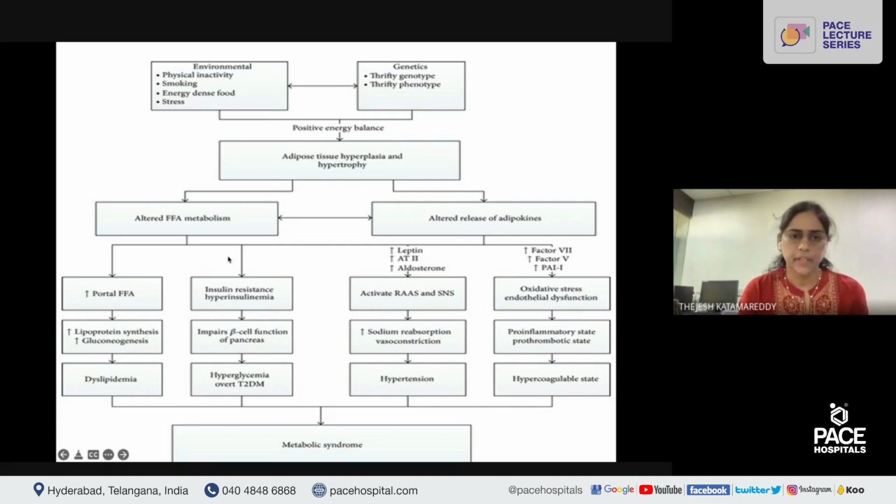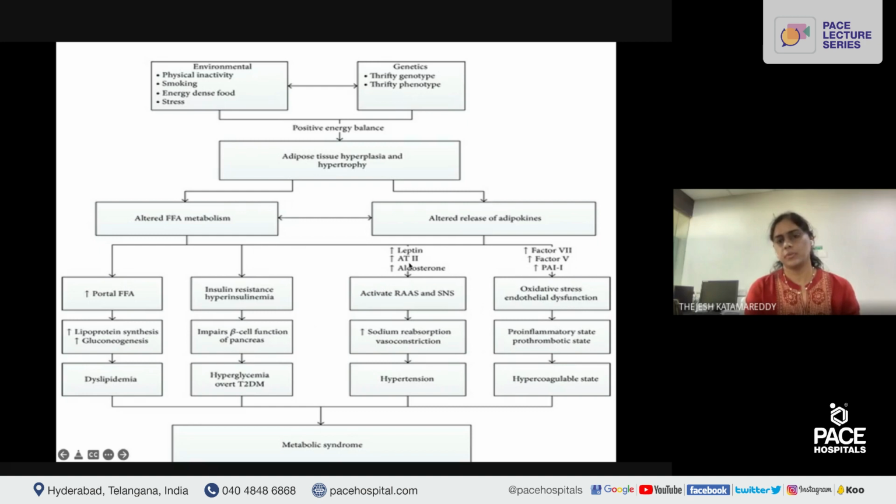Then these free fatty acids also lead to insulin resistance and hyperinsulinemia, then further changing the beta cell function of the pancreas and leading to hyperglycemia and overt type 2 diabetes in due course of time. Then the adipocytes release leptin, angiotensin and other adipokines.